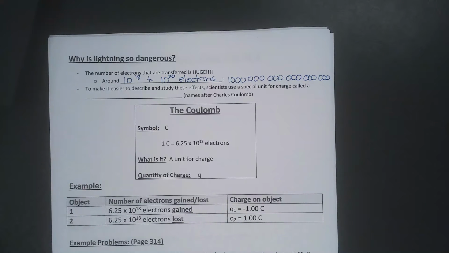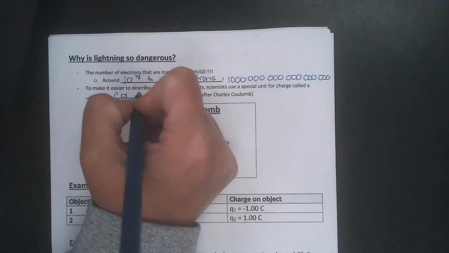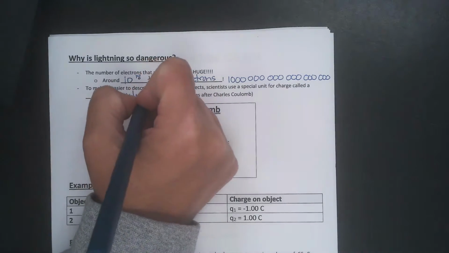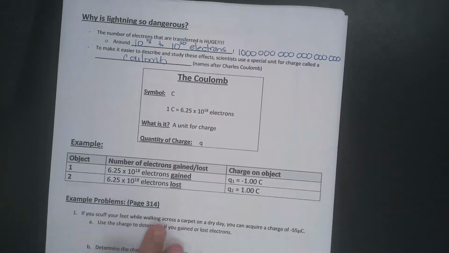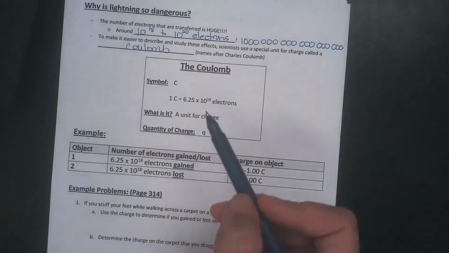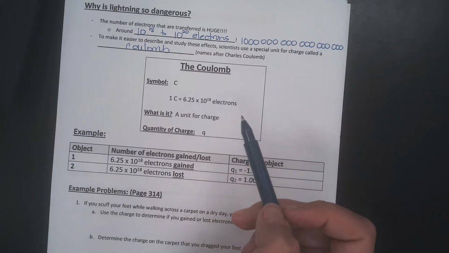And to make it easier to describe these effects, scientists use a special unit for charge, and that unit is called a coulomb. Coulomb is represented by the letter C, and 1 coulomb is equal to 6.25 times 10 to the 18 electrons.